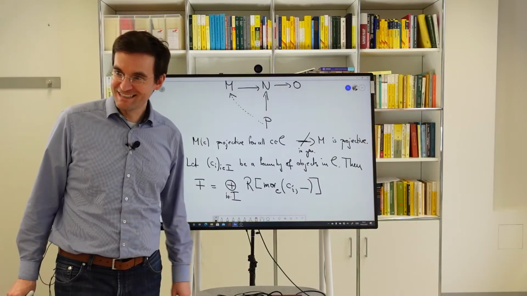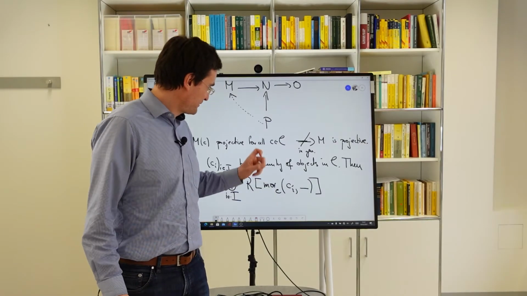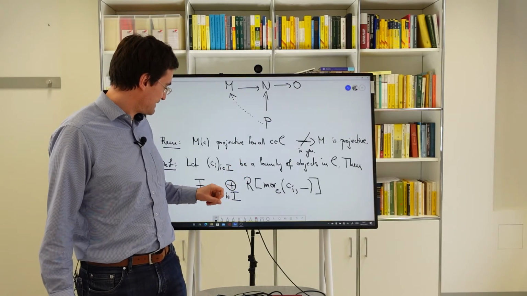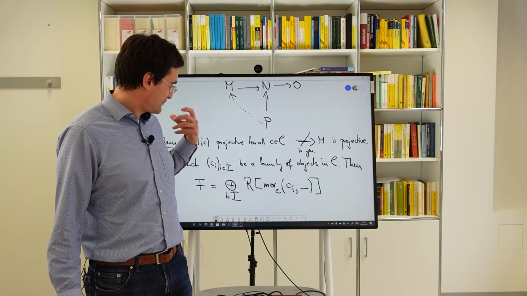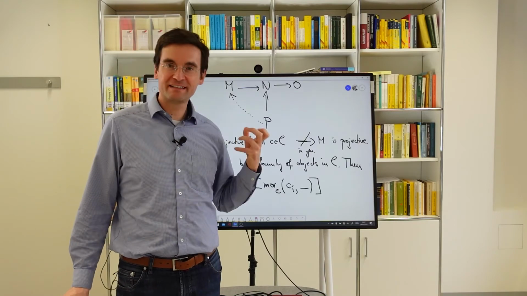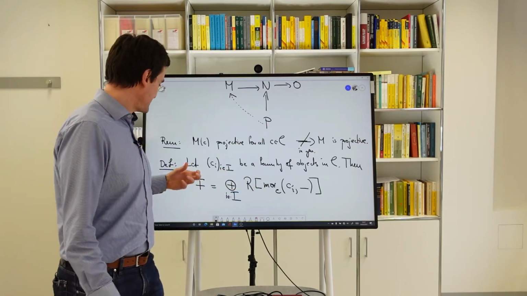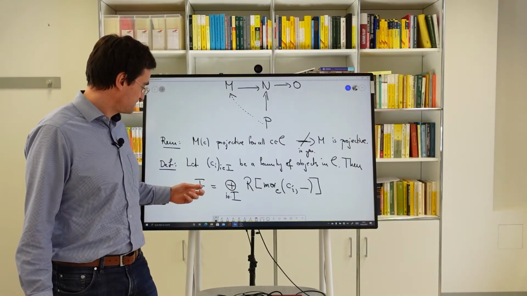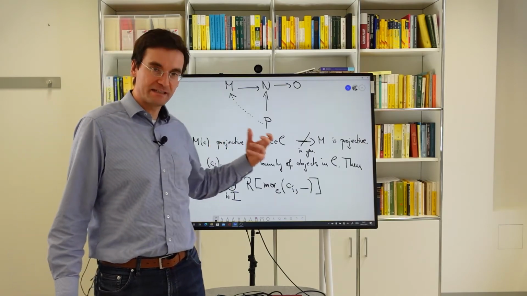What does that even mean? So what do we have here? Well, for each object C in capital C, I need to define an R module.